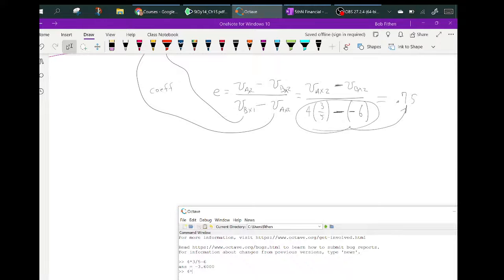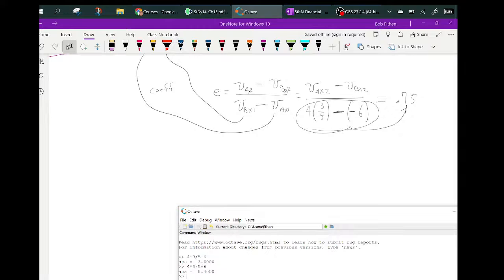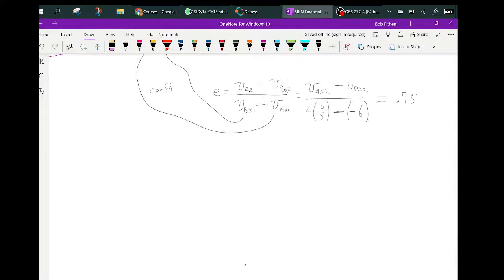4 times 3 divided by 5 plus 6, 8.4. Oh, now I got to take that 8.4. So this is 8.4. I'm going to multiply it times 0.75.